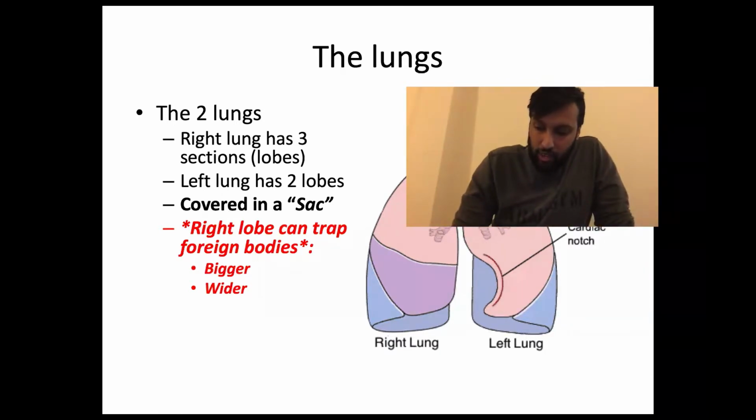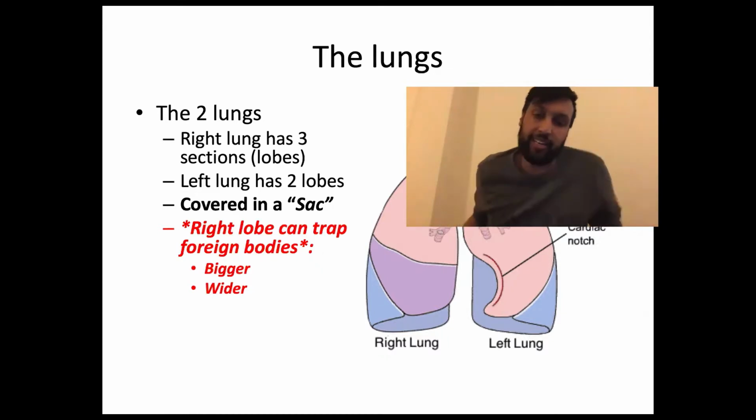Why that's relevant is because if you ever have a patient who's suffering with difficulty of breathing, and you identify that there's a foreign body that's stuck inside the airway, it's most likely going to go into the right one, because the right one is actually bigger and more vertical. The right bronchus is bigger and more vertical, and the foreign body can easily go right inside the right lung. Remember that as a clinical point.